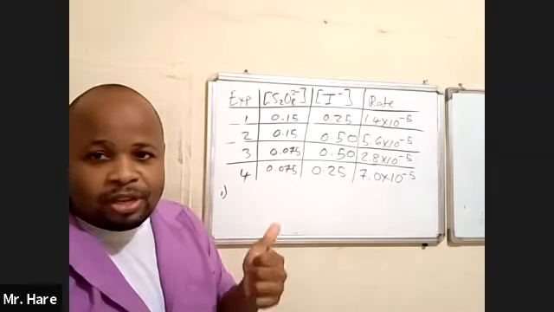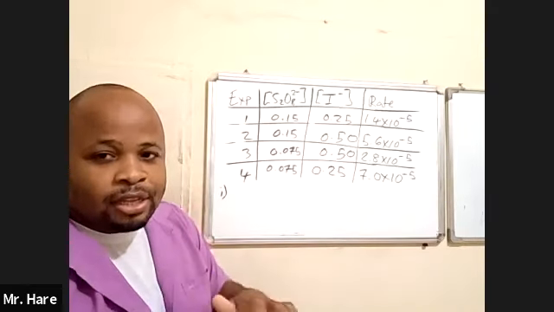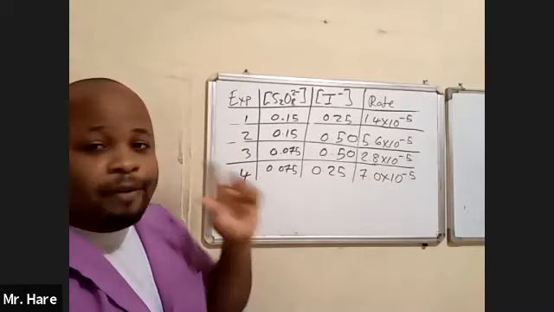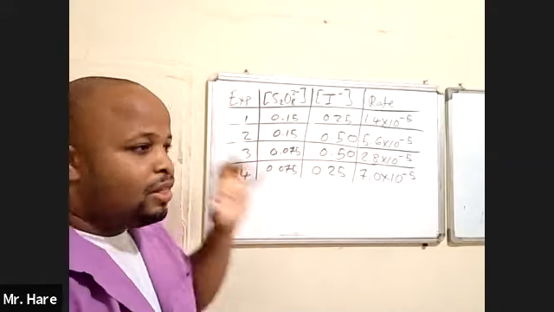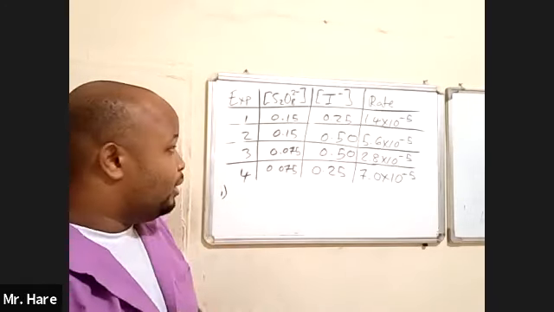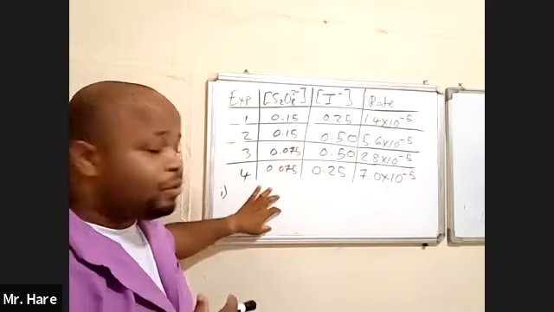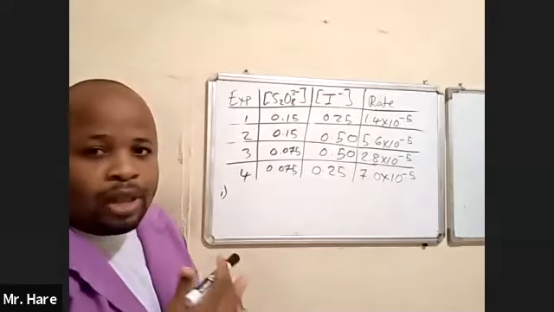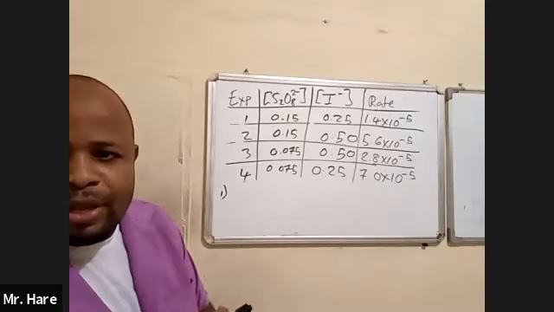For zero order, the rate is not affected by the concentration. For first order, we said that rate is proportional to concentration, meaning whatever you do to the concentration, the same thing will apply to the rate.